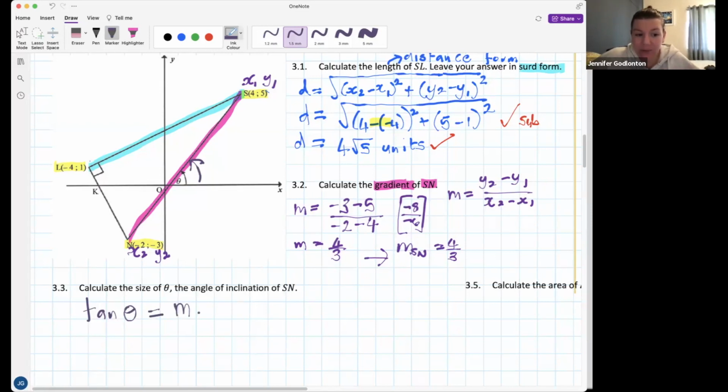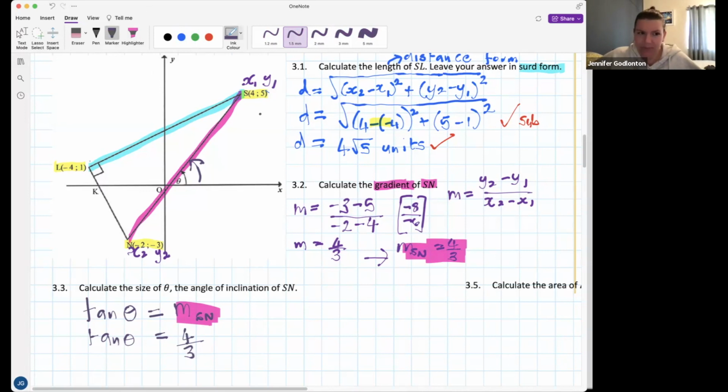In this case, it would be the gradient of Sn. We don't know what theta is, so we say tan theta is equal to, but we do know the gradient of Sn because we've just worked it out. So that's equal to 4/3.